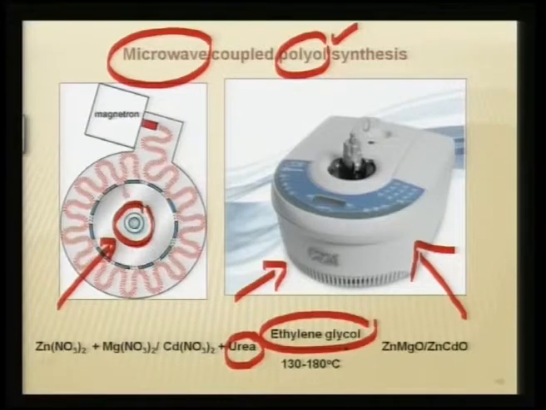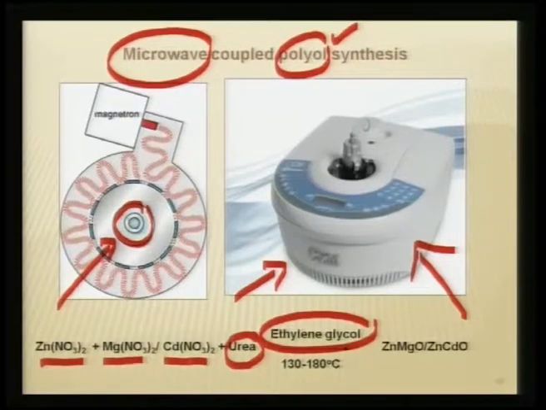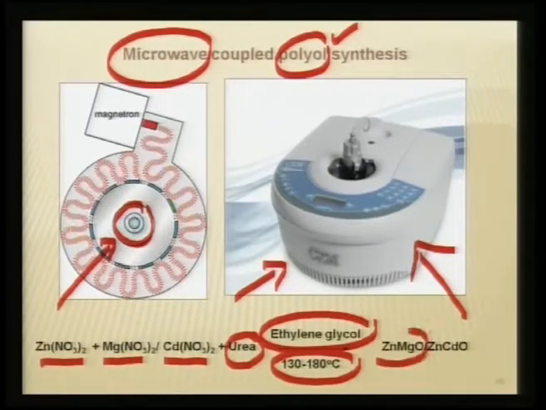Therefore, if you take zinc nitrate and magnesium nitrate and cadmium nitrate in the proportions that you want, either for alloying with cadmium or magnesium as per the case, and expose this to 130 to 180 degrees C, at the end of this hydrolysis process you can straight away get zinc magnesium oxide.